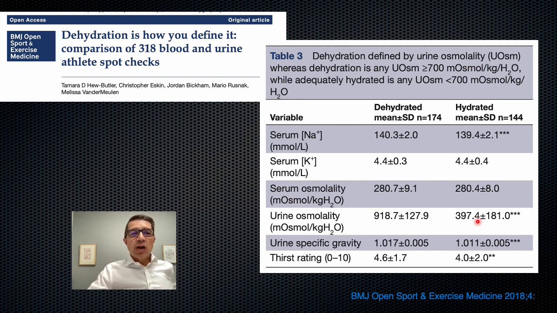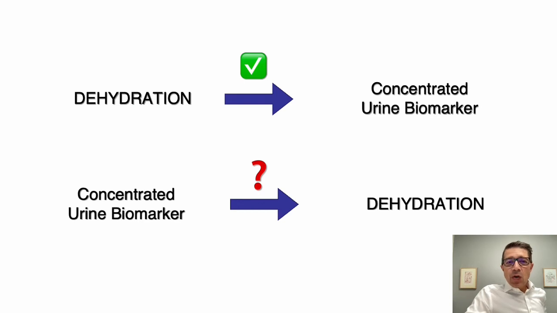But the point that they were trying to make was that dehydration depends on how you define it. So if you define dehydration by just looking at urine color or urine concentration, it might not be the best way to assess hydration. So this is a potential pitfall that many scientists have been through.